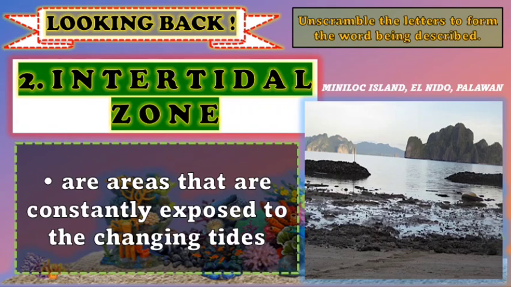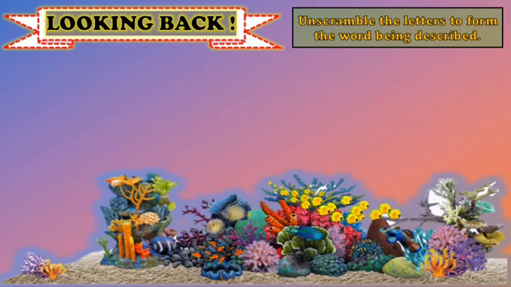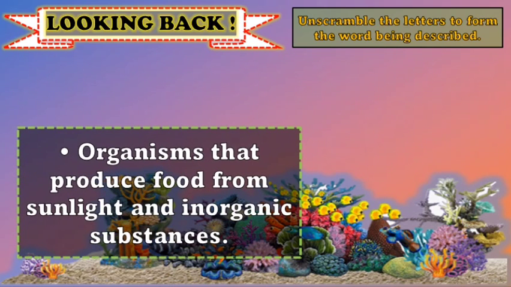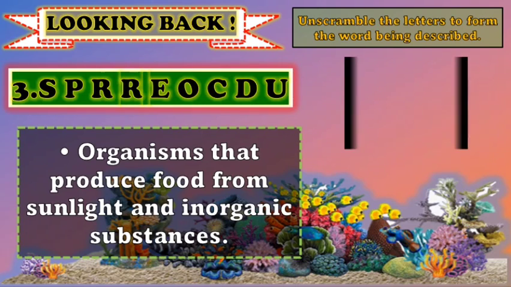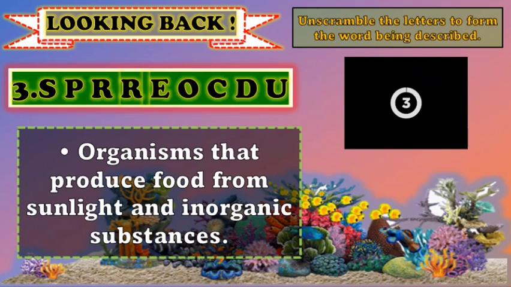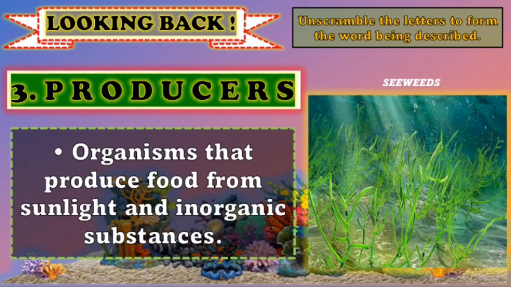Next, let's proceed to number 3. Organisms that produce food from sunlight and inorganic substances. Okay, do you get the word? So that is what you call producers.